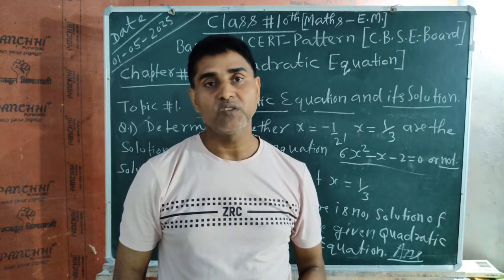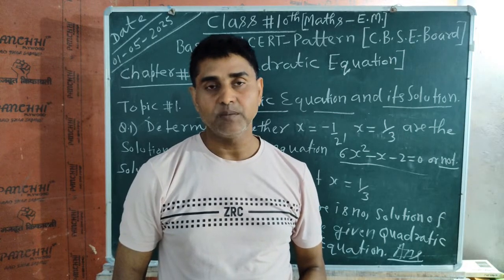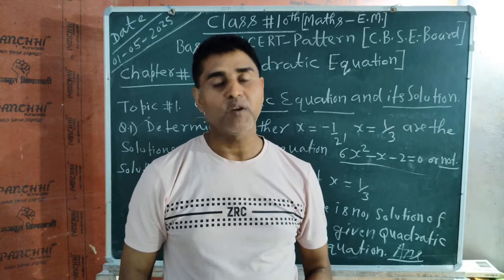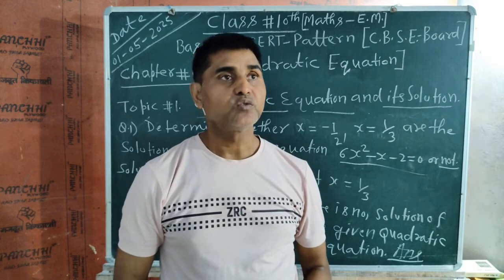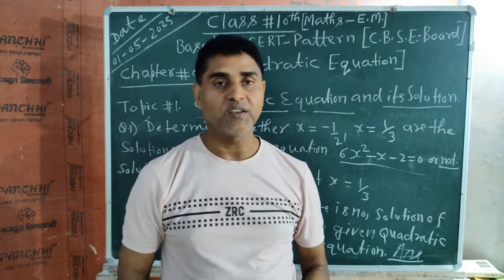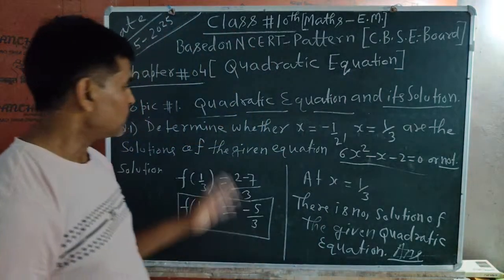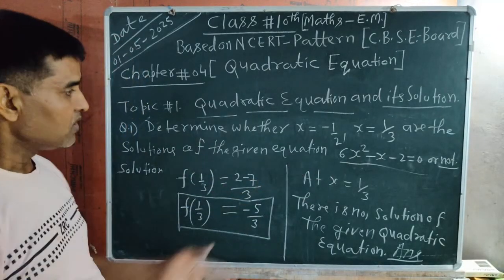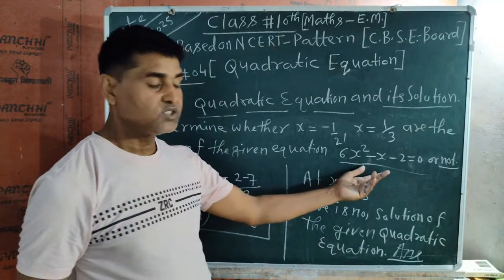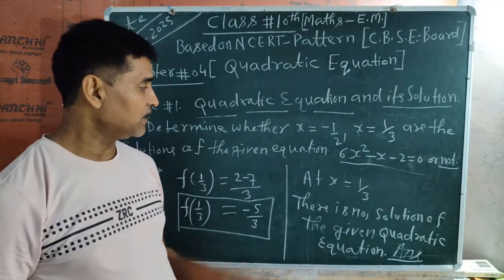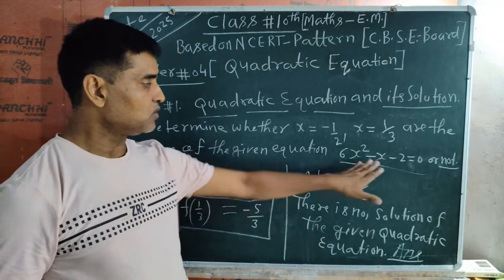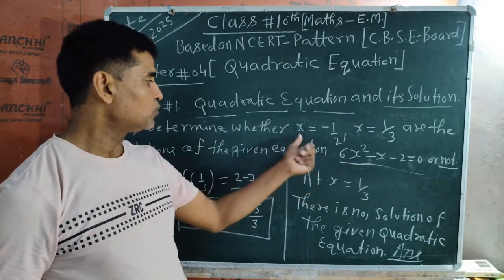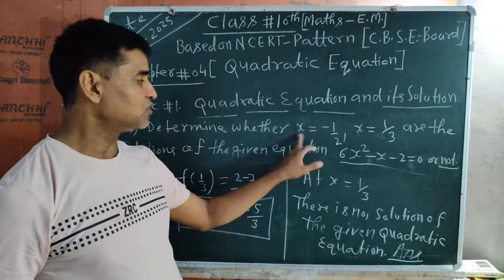So according to this way, I can easily give the solution of the given quadratic polynomial in the form of a quadratic equation. Okay student, so I hope that you know it very well. If any question is given, first of all you have to assume f of x is equal to 0, and then you have to write f of x is equal to the given quadratic polynomial, and then you have to put the value at x is equal to alpha.